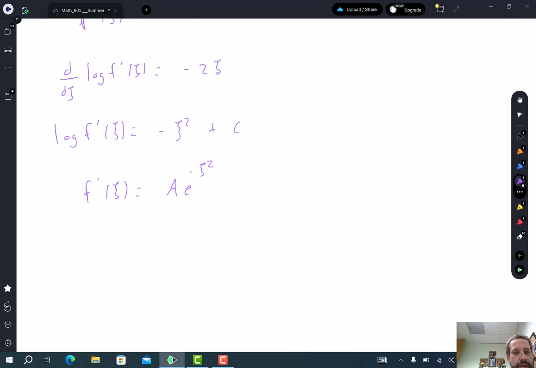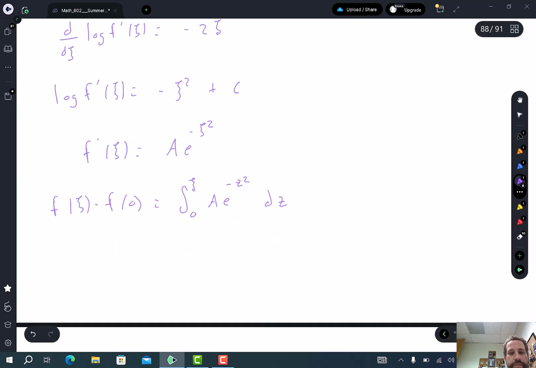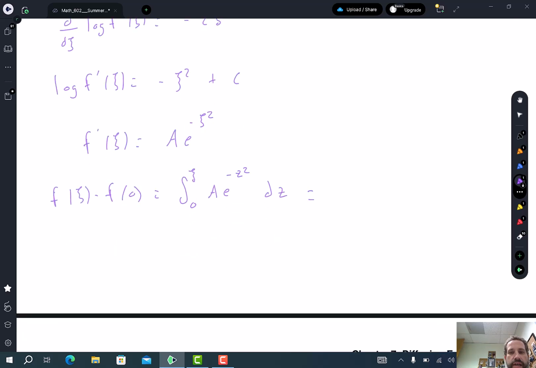Integrating again, so now I want f, so I've got f of c minus f of 0 is going to be equal to the integral from 0 to c of the derivative, so it's going to be a, and I'll use the dummy variable z, e to the minus z squared dz. Well, what's c?